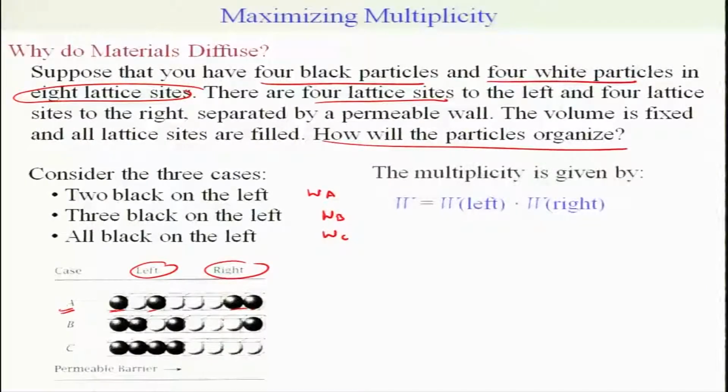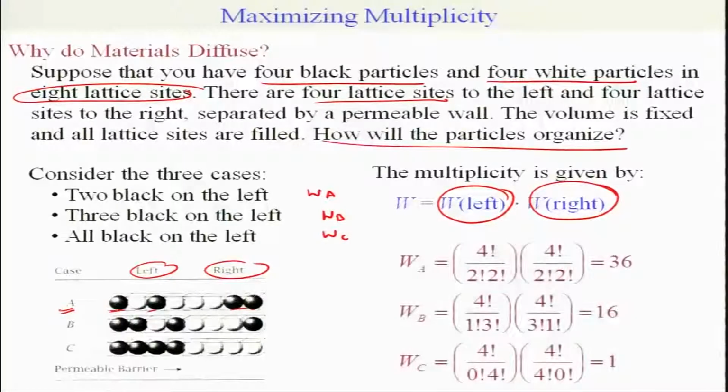We simply calculate the multiplicity in this case by finding the multiplicity of the left region multiplied by that of the right region, because these are independent. The number of ways you can arrange in the left multiplied by the number of ways you can arrange in the right would be the total multiplicity for the given case.